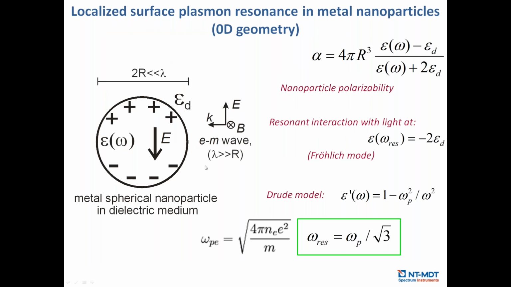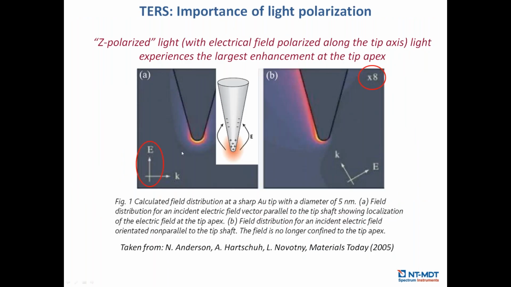While the light comes to the tip, it produces oscillations of the electron gas density inside the metal. Such oscillations at certain frequencies, when the laser frequency matches the material's frequency, can produce a resonance and it can enhance the electric field a lot on the tip apex.